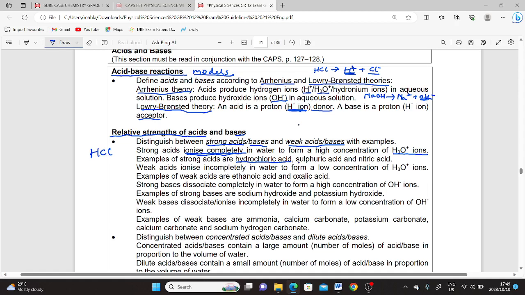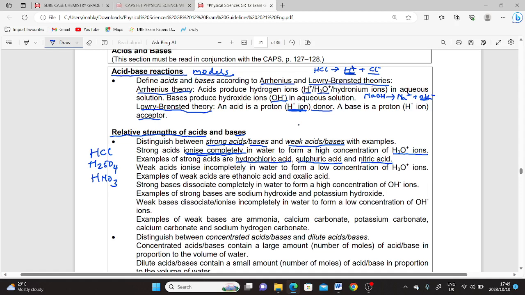Sulfuric acid, the formula is H2SO4, is also a strong acid. Then nitric acid is HNO3. So these are commonly used strong acids in the equations in examination question papers.